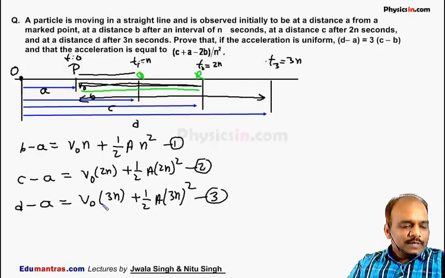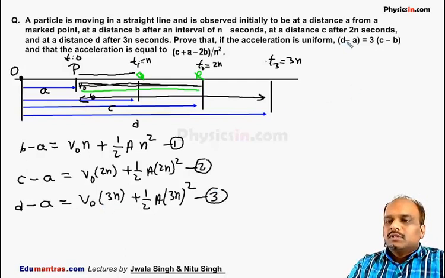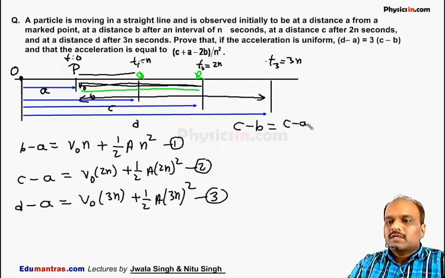Now we have to find d minus a. We know d minus a is v naught into 3n plus this. We have to find c minus b. So c minus b can be written as c minus a minus b minus a. We know c minus a is this.